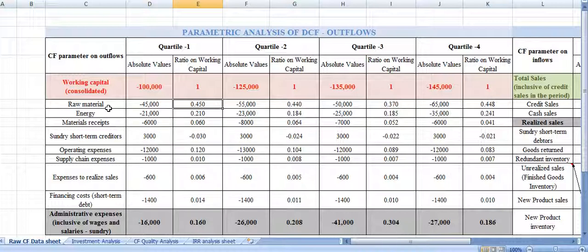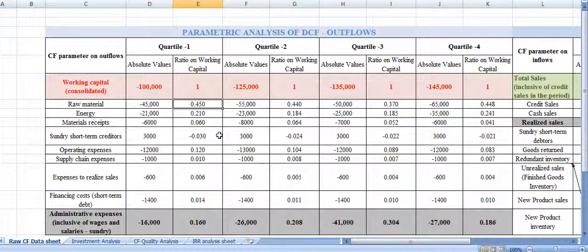Now, raw material is a critical component in the working capital. And usually, in most of the projects, it occupies a substantial portion of the outgo. In this particular project, this is a representation of the manufacturing industry, something like maybe in the polymer industry where you extrude the polymers to create the pipes, the PVC pipes or HDPE pipes, the high density polyethylene pipes and so on.